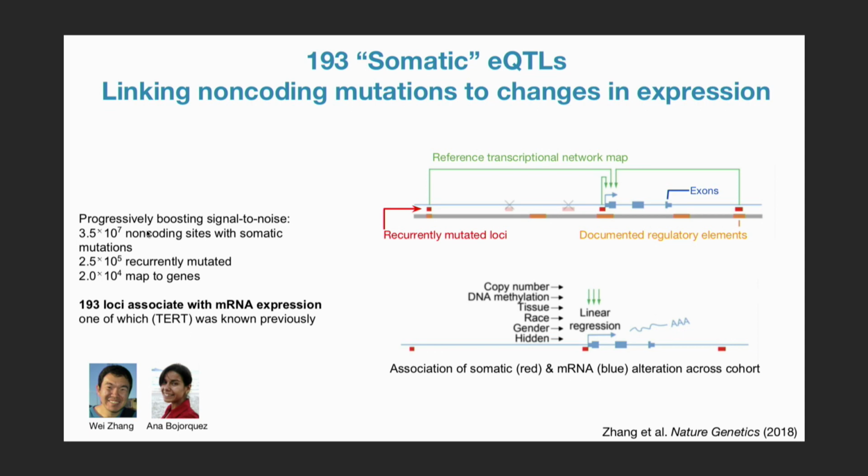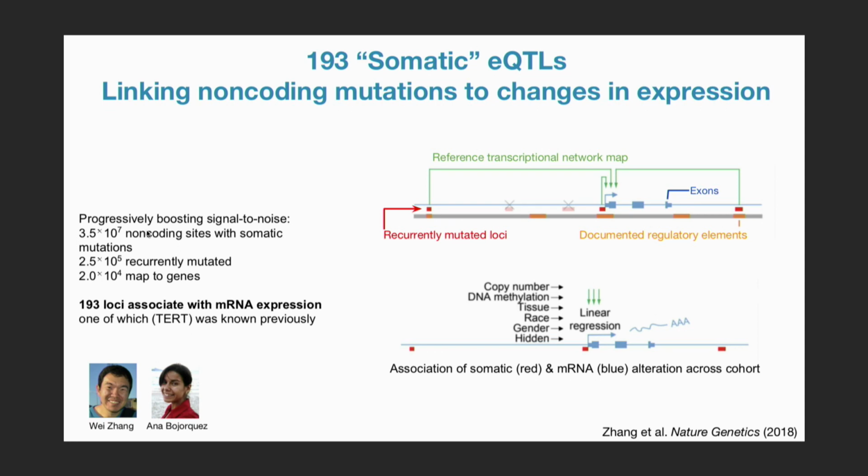Okay, that gets you already down by 2 factors or orders of magnitude to about 2.5 times 10 to the 5th sites. Those are the sort of taking the orange here down to the reds. So the oranges are all of the sites defined by GeneHancer, and the reds are those that are just mutated by a few patients or more in our data set.